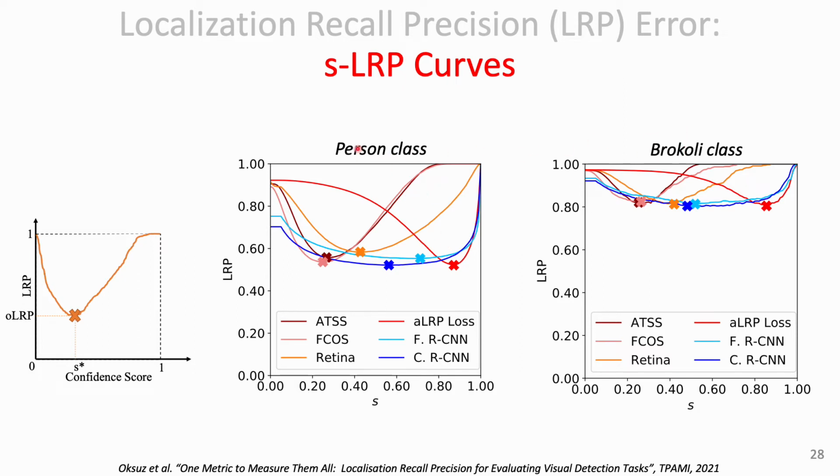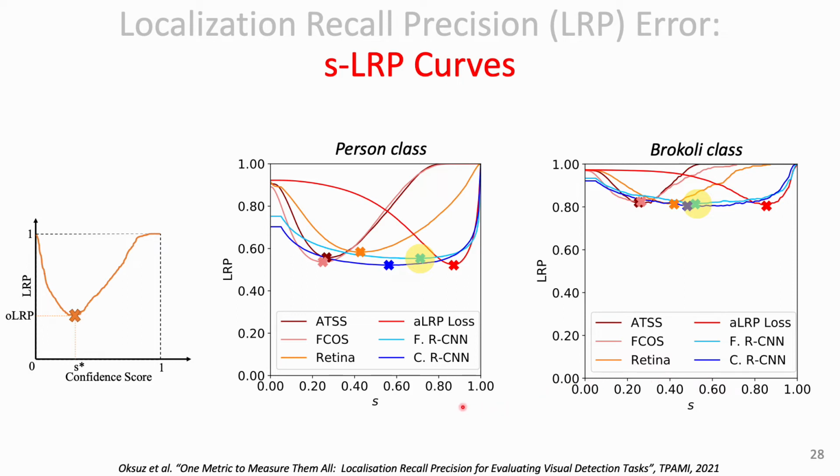For example, for the person class, we see that Faster R-CNN is providing its best values around 0.60 LRP with a confidence score of 0.70, whereas it provides its best performance with a confidence score of 0.50. We see that S-curves can provide similar useful insights for other detectors and for other classes as well.